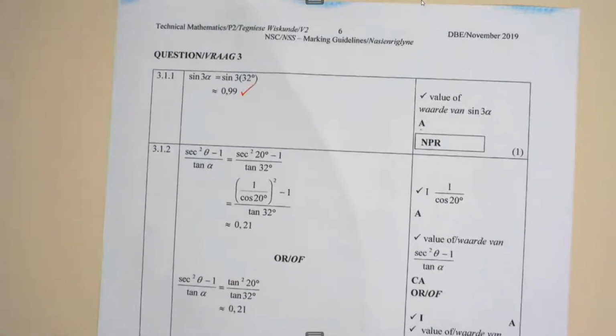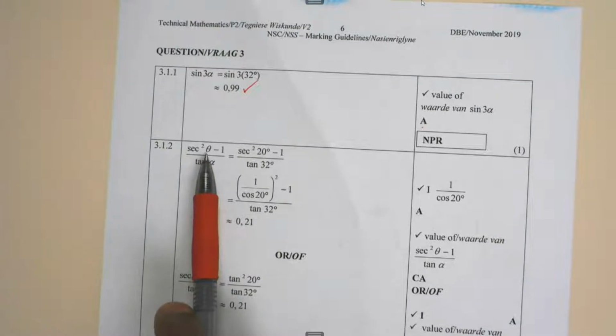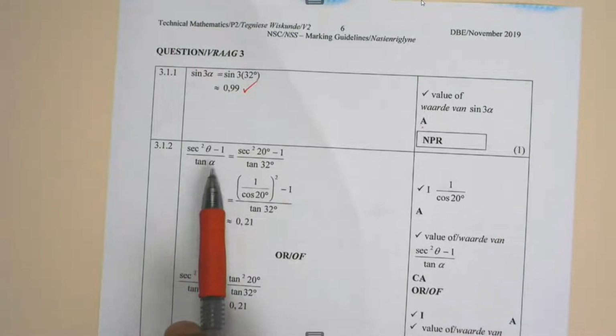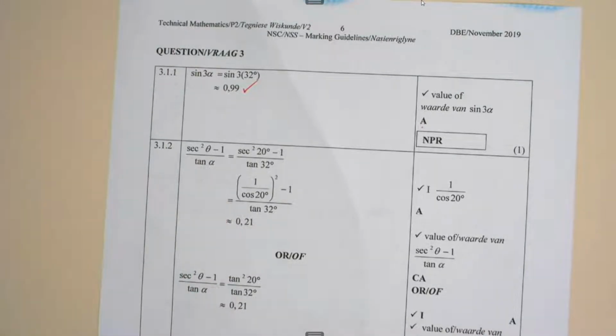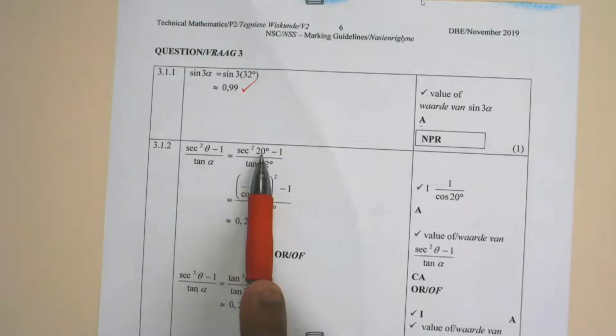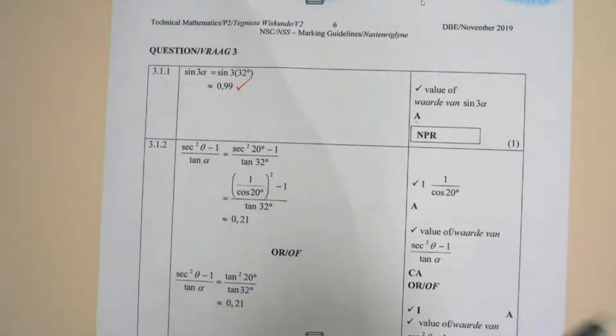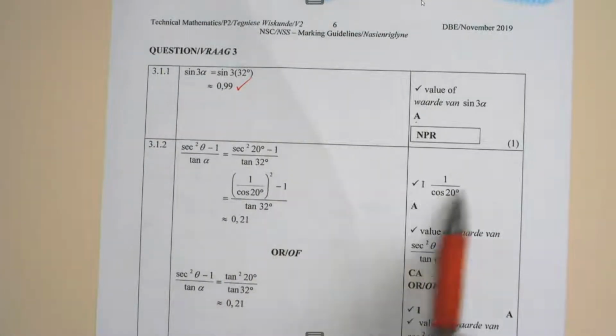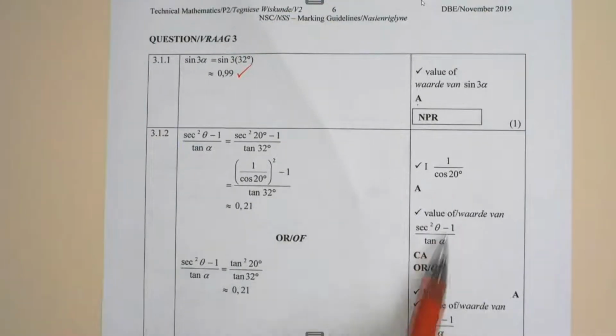3.1.2, you have sec squared theta minus 1 over tan alpha. Angles are given again. You have sec squared 20 degrees minus 1 divided by tan 32 degrees. No mark for substitution, colleagues. Let us not just mark. No mark for substitution.